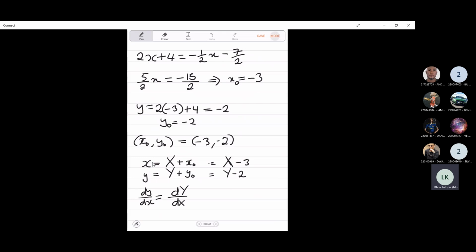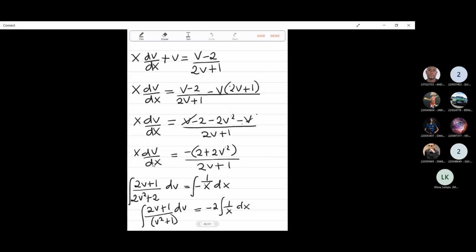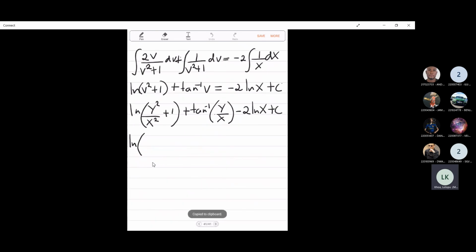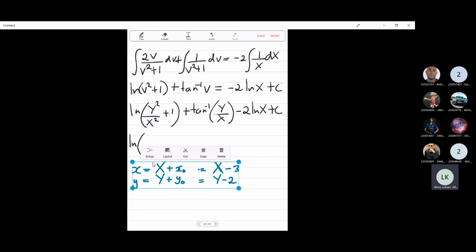So let me copy this. Okay, so this is the substitution that we made. So this means that big X is equal to small x plus 3, and big Y is small y plus 2.